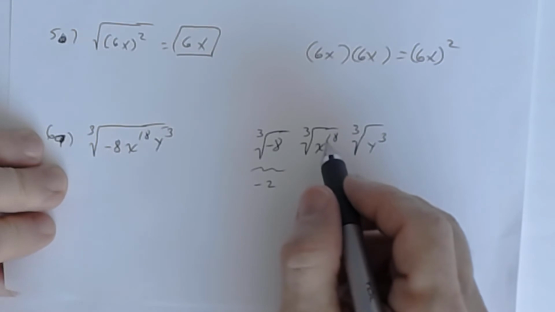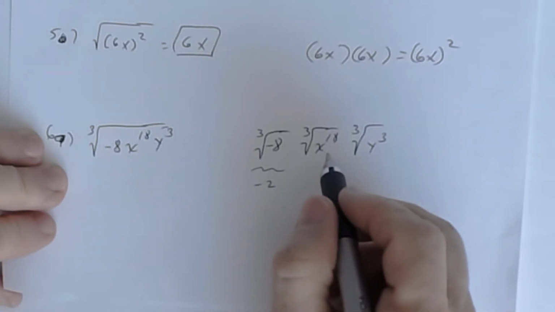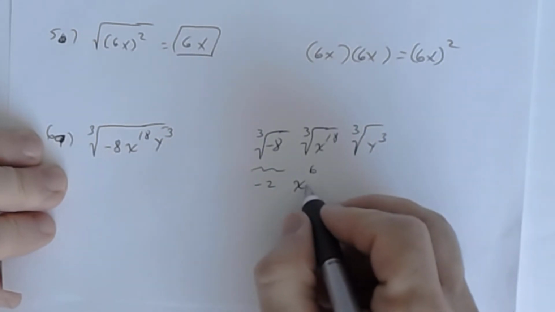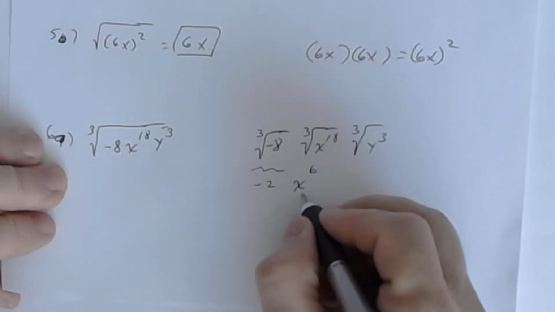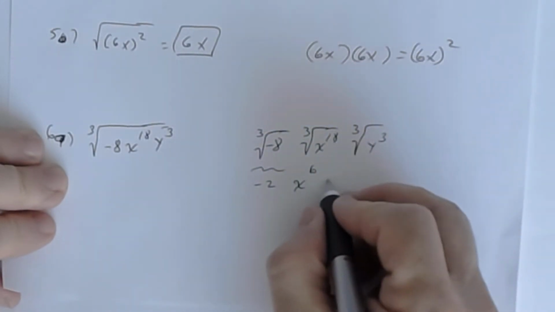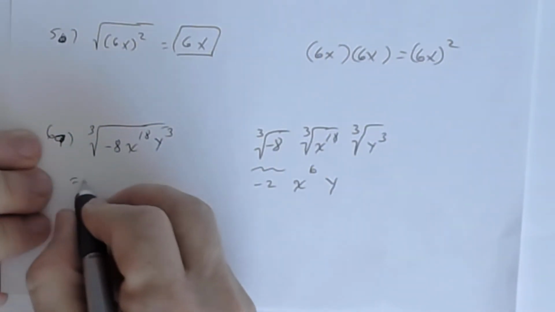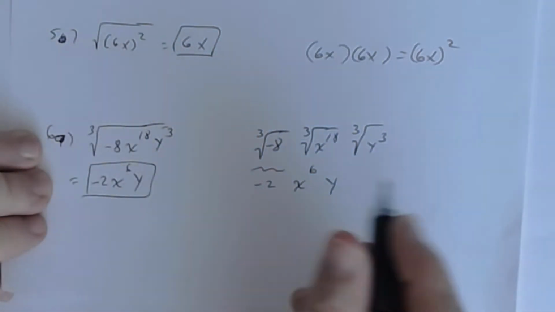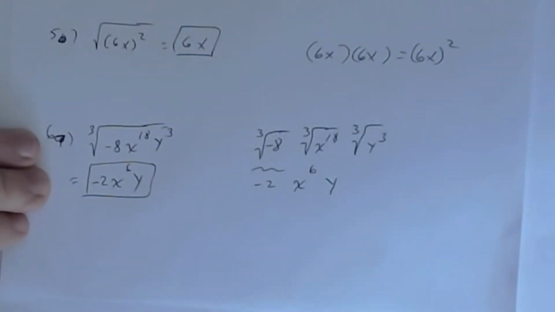I can simplify this very easily. 18 is divisible by 3, so 18 divided by 3 is 6, so that should be x to the 6, and it is. X to the 6 times x to the 6 times x to the 6 is x to the 18. And then 3 divided by 3 is 1. So there's your answer. So the answer is going to be negative 2 x to the 6 times y. All right. Number 7, let's look at number 7.